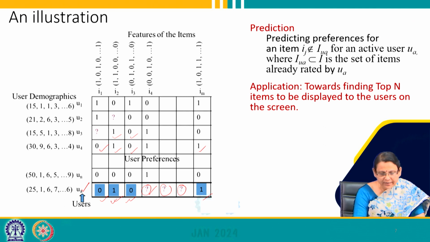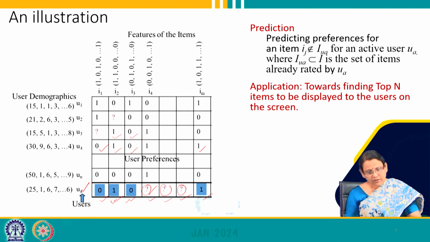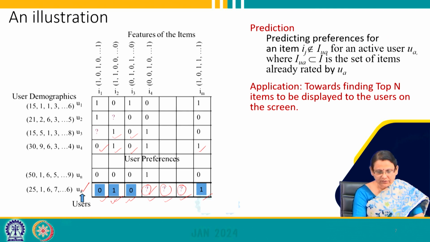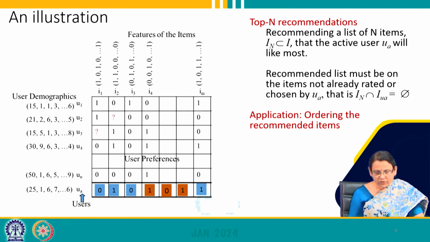Now, once we predict these values where the recommendation is not given, next comes the question of how to display these recommendations to the user. So, now you know the predicted values for all of these. Of course, here we have given 1 and 0, but it can be continuous as well. Suppose these predicted values are 1, 0 and 1.